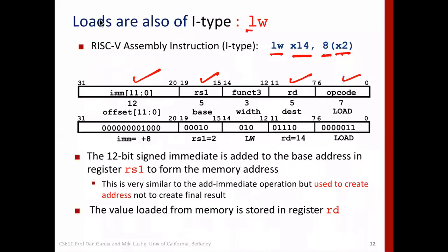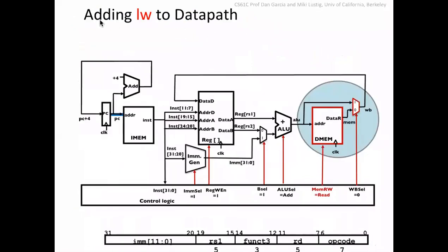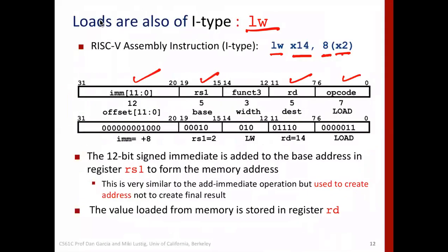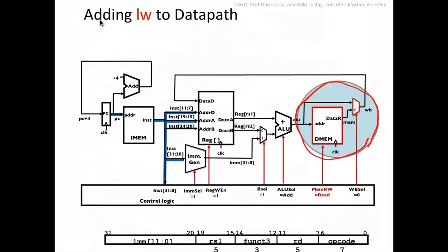So what are we adding here? We are loading words, so now we are adding this part, the one shown in the circle here. For the previous instructions we have not used data memory, so now we have added the data memory part here.